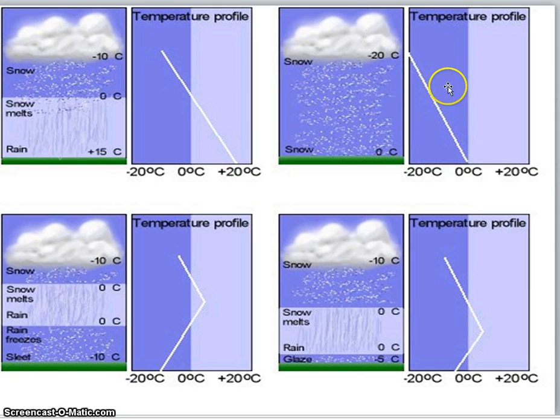If the temperature profile is below 0 all the way, like the Denver one, it'd be all snow. If you had an in-between where it's cold, gets warm, and then freezes again well before the surface, then that would be sleet. If it started as snow, melted, and then right at the surface is freezing, that would be a freezing rain example.